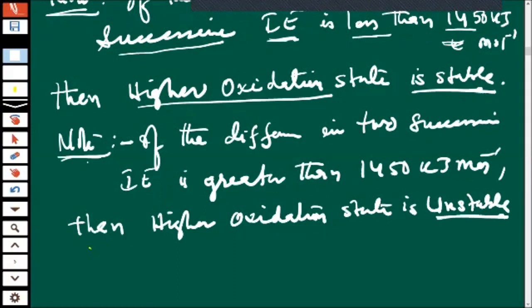Unstable means that the particle doesn't want to go into a higher oxidation state.